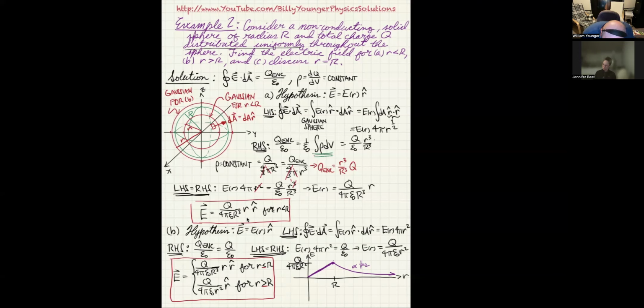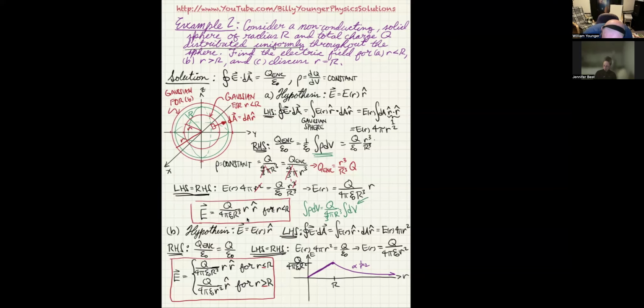So the integral of rho dV would equal, we've already figured out what rho is. It's Q over 4 thirds pi R cubed, and then times the integral of dV. And the integral of dV should just be 4/3 pi R cubed.